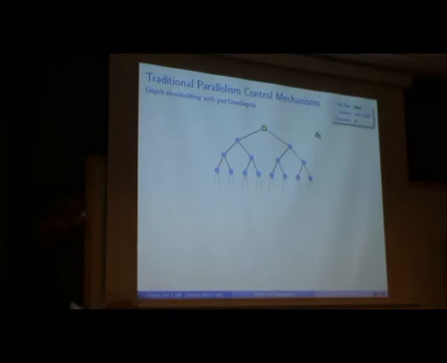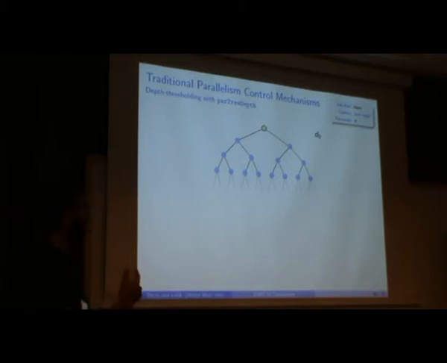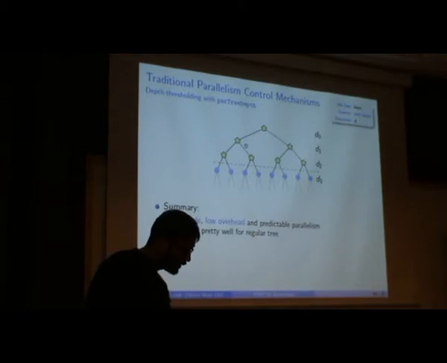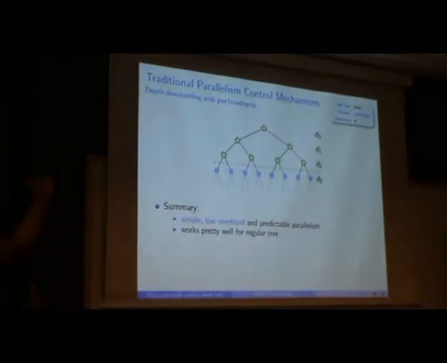The context is about how much information is required to actually generate parallelism, and of course a parameter, in this case d. So d is a depth counter which is passed from the root down the tree. So the information flows down, and the context is the path length that we specify with d. For example, if d is 3, sparks are created for only the top d levels of the tree. So this is very simple, low overhead and predictable parallelism.